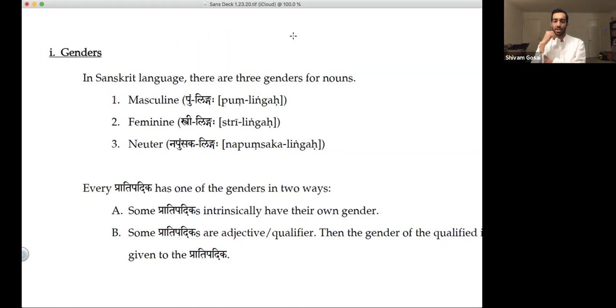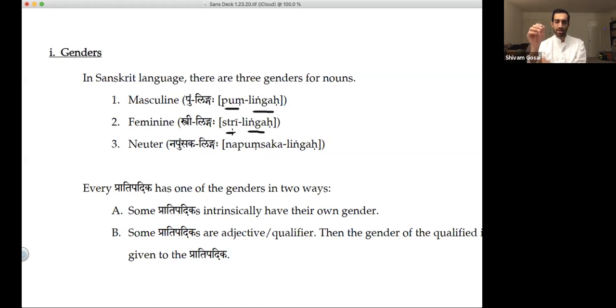Punlingaha. Repeat after me. Punlingaha. Linga means gender. What kind of gender? Pum, masculine. Same thing, feminine: lingaha, gender. What kind? Stri.